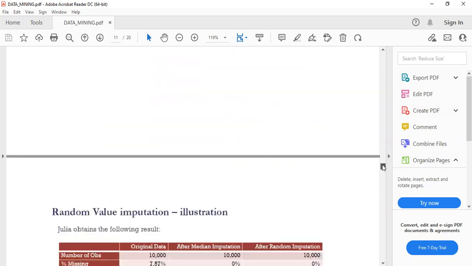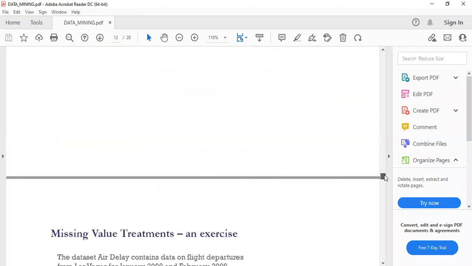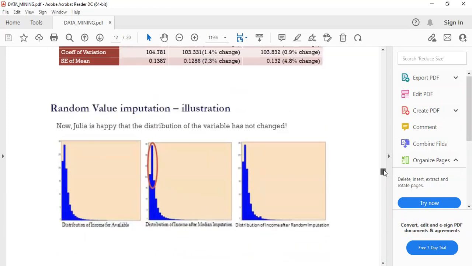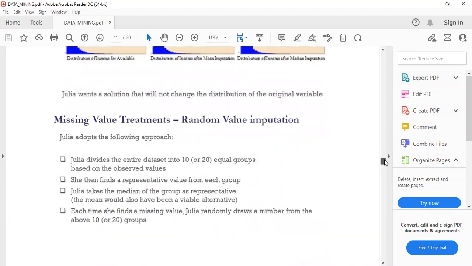Then Julia adopts the following approach. Julia divides the entire data set into 10 or 20 equal groups based on the observed values.